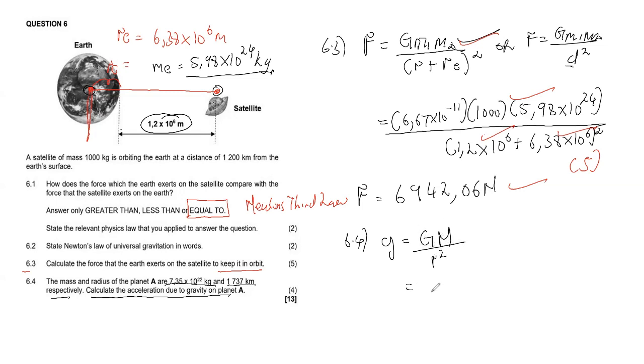Then let's go ahead, we substitute our constant, which is 6.67 times 10 to the exponent of negative 11. We are given the mass of this planet here is 7.35 times 10 to the exponent of 22. And then we are given the radius, but then our radius is given in kilometers. Therefore, we need to convert to meters.